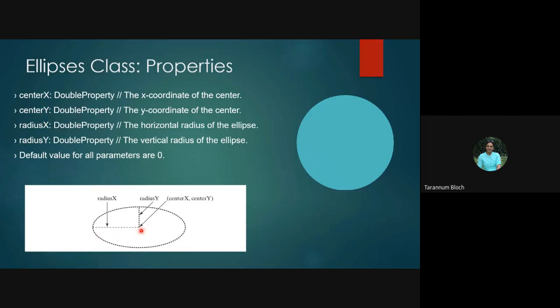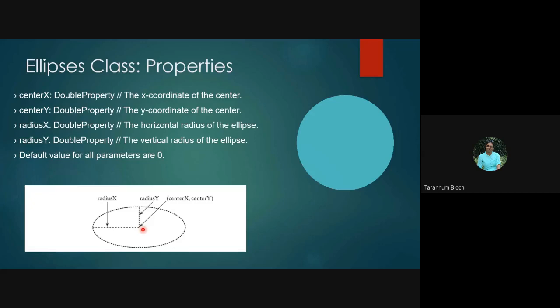So when I say ellipse, it will have center point x and y. It will have y radius and x radius. Because we are talking about an ellipse, which is an oval kind of shape, it will have different radii. If you want to draw it like this, you have to make the y radius small and the x radius bigger.